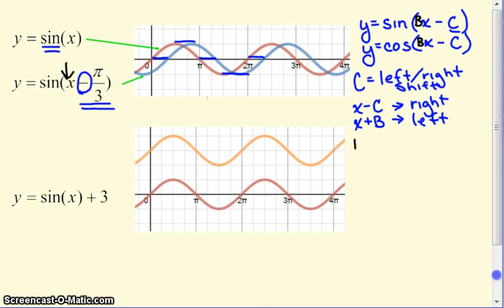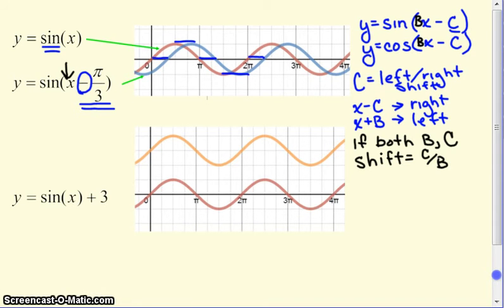Well, if that's the case, if your equation has both a number for b and a number for c, the distance of that shift is actually c over b. We have to take that b into account a little bit. We'll do an example with that in just a couple of minutes and show you what that would look like.